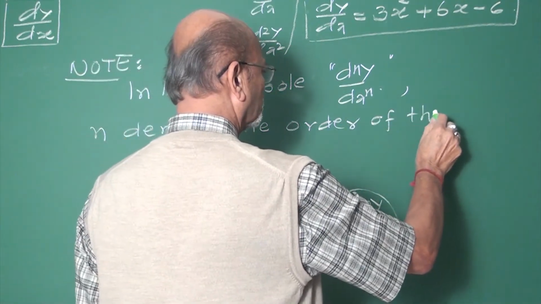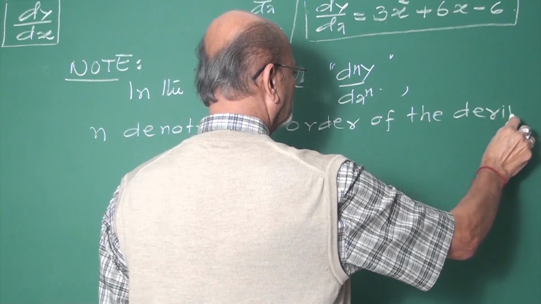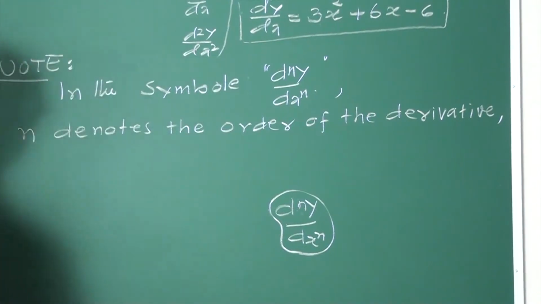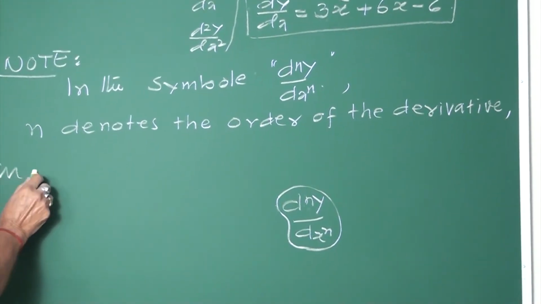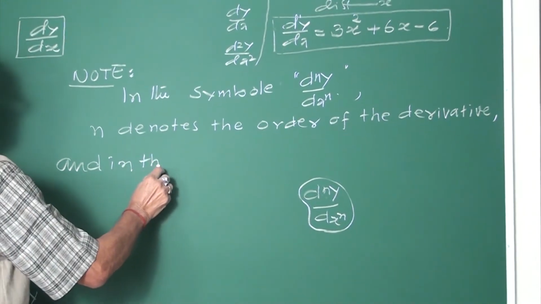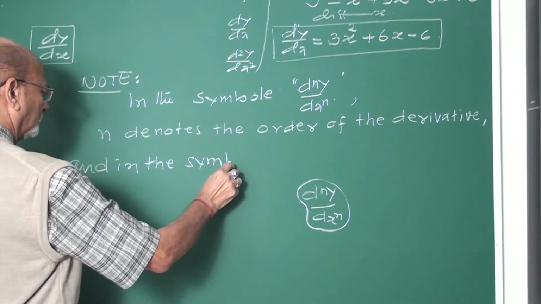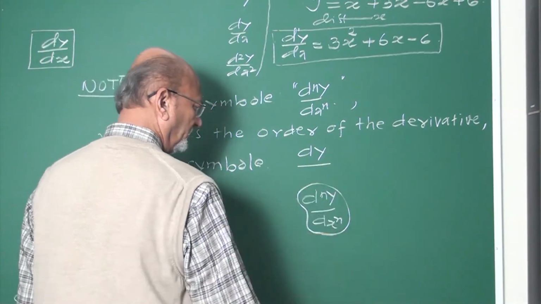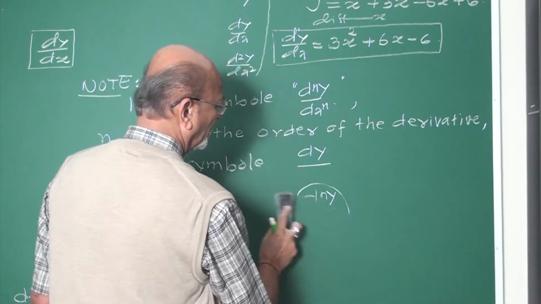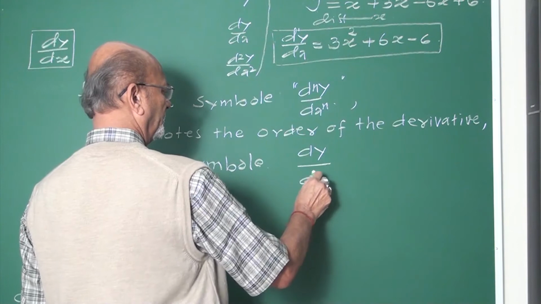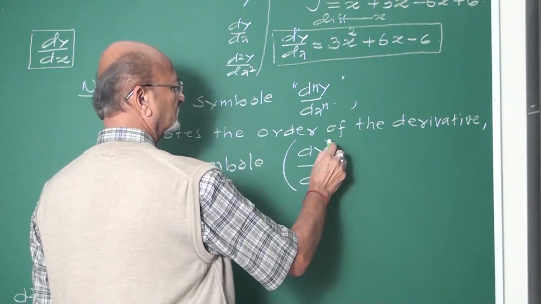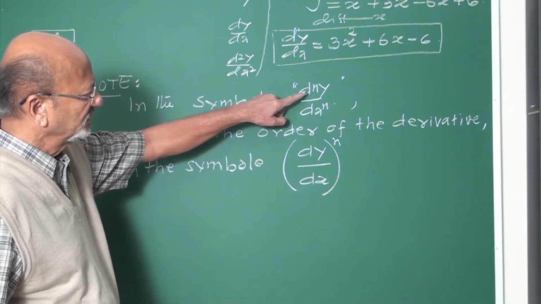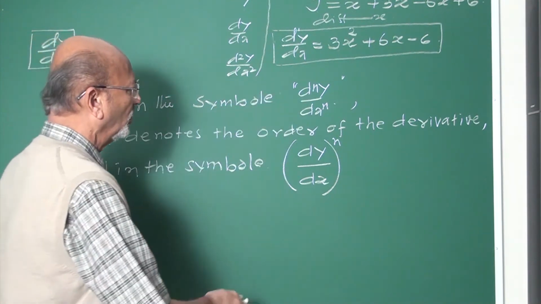And another symbol: dy by dx to the power n. This is dny by dxn, in this n denotes the order of the derivative.